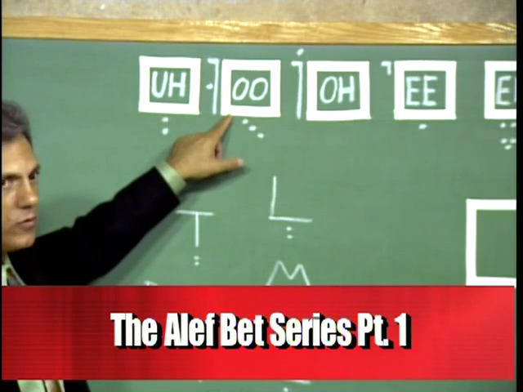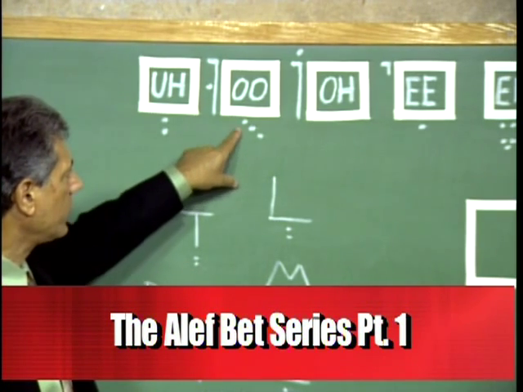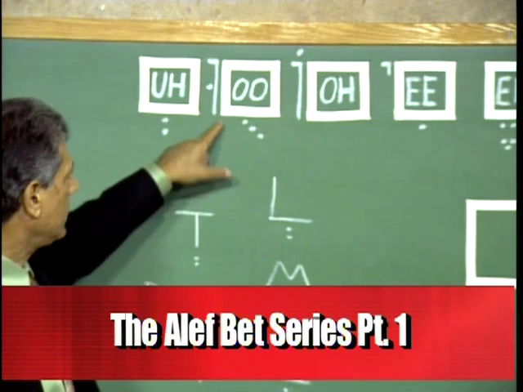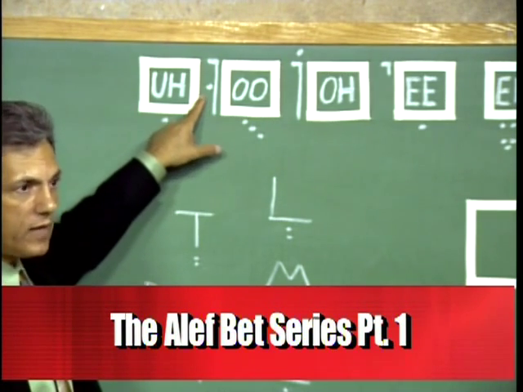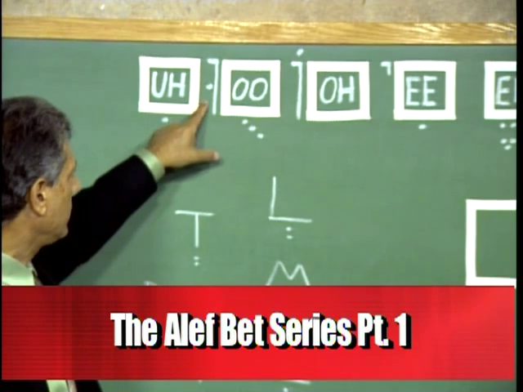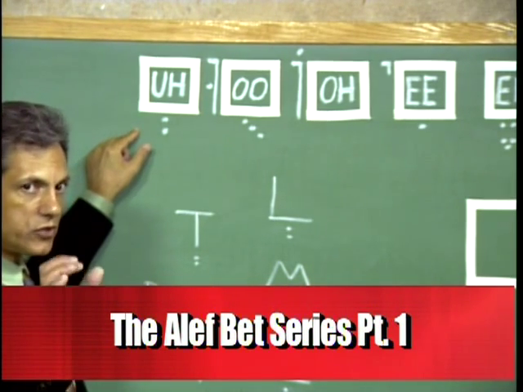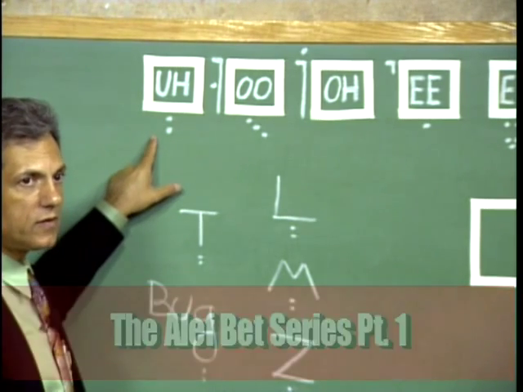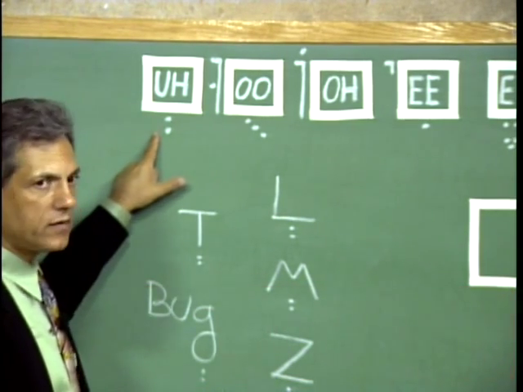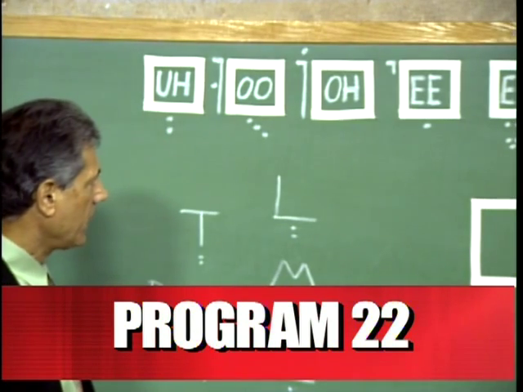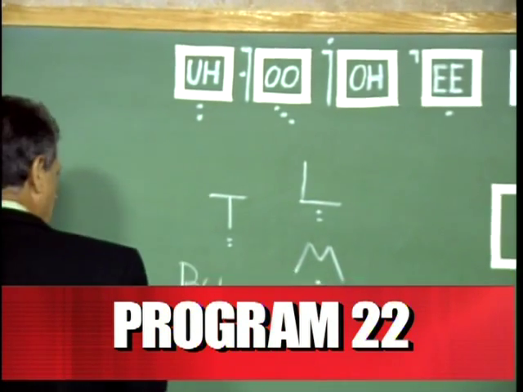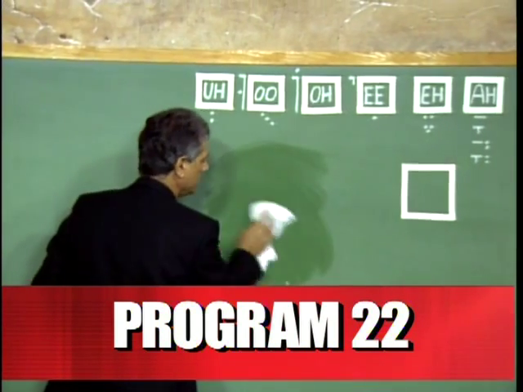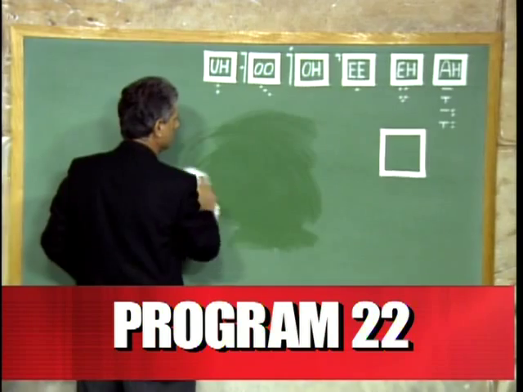The U sound comes with 3 diagonal dots, or a vav with a dot in the middle. And the short vowel is achieved by 2 dots underneath the letter. Those are the vowels. This is how simple the system is.